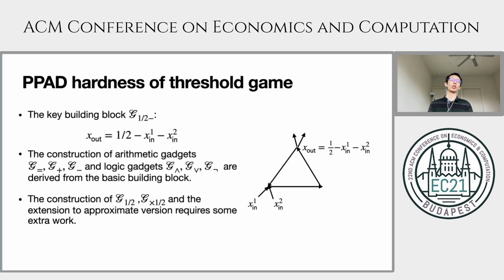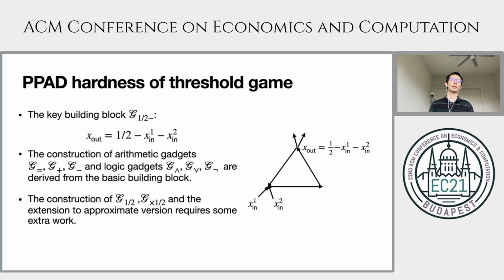Here's a sketch of the reduction. The key building block of the reduction is the introduction of a new gadget named 1/2 minus. For this gadget, there are two inputs and one output. The output satisfies the following expression: the output equals one half minus the summation of the inputs. The gadget can be constructed through a directed cycle, shown in the red figure.